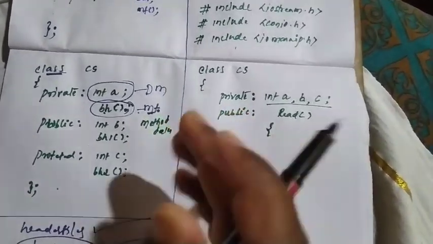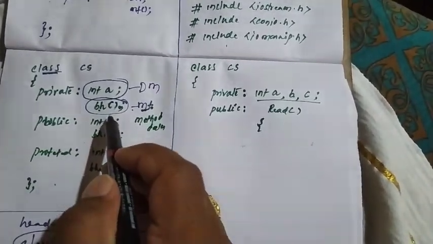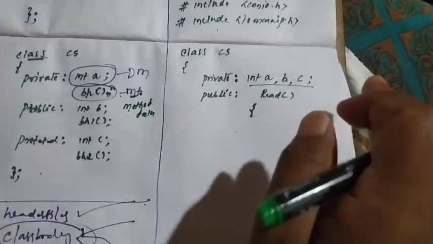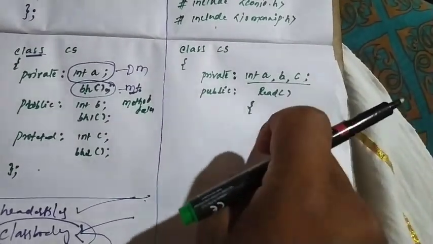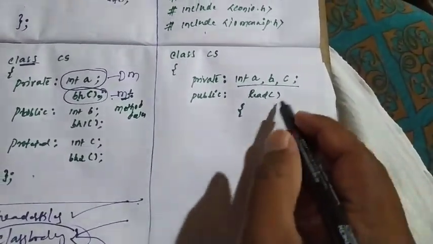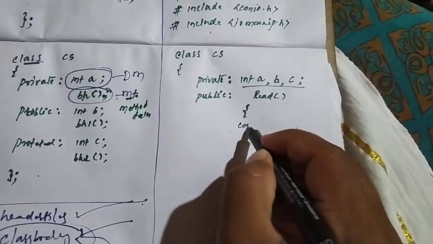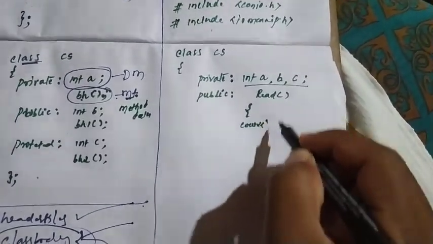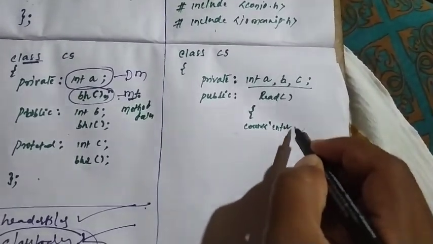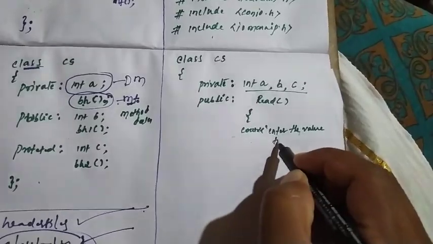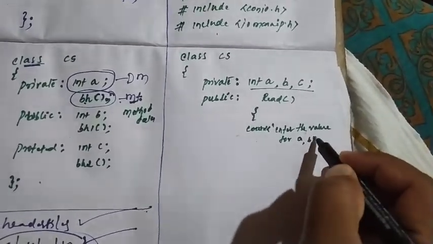Just we are assuming there is some value inside the bh, but here I am telling there is some value, and that value I am defining inside here itself. The same thing I will write: read, open the flower bracket, and I will write cout. For addition you need to enter the value: cout, enter the value for a comma b.